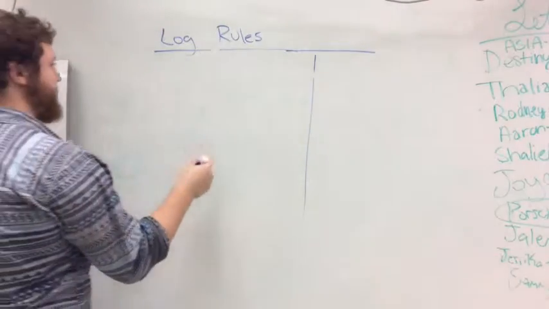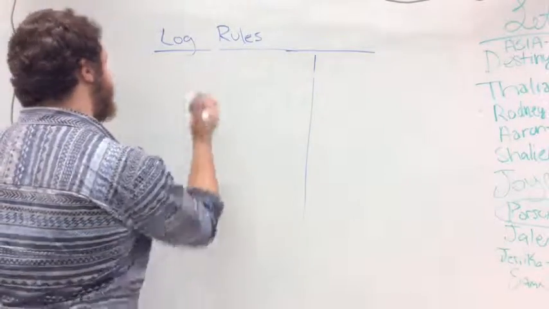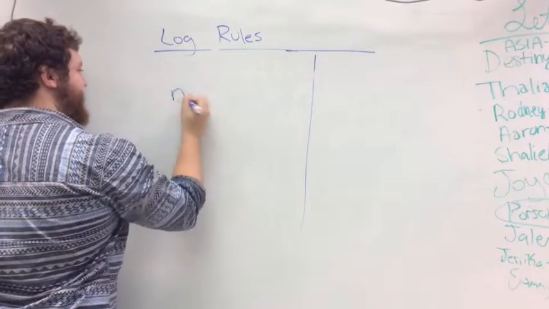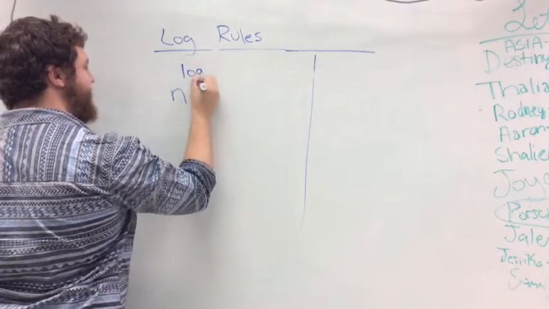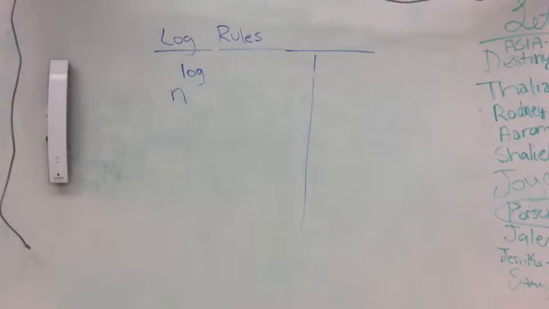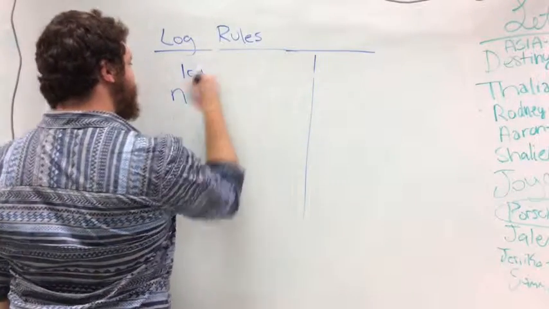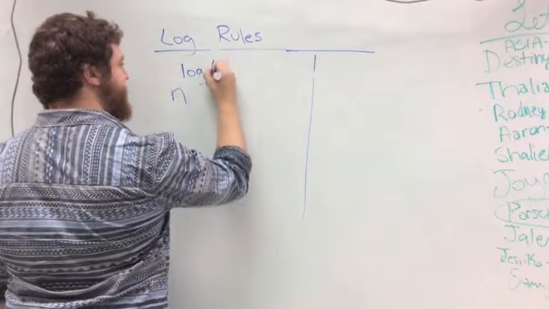Okay, last log rule. This one is weird. If you have n to the log base n of m, now all this log becomes an exponent.